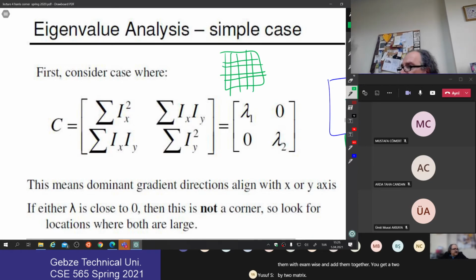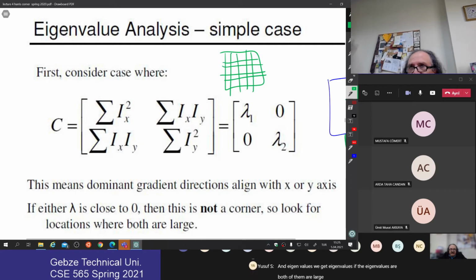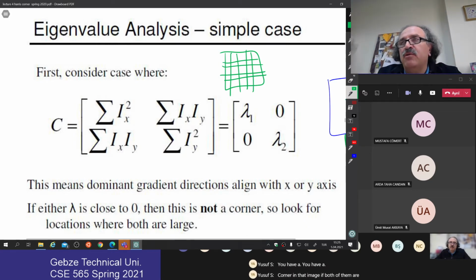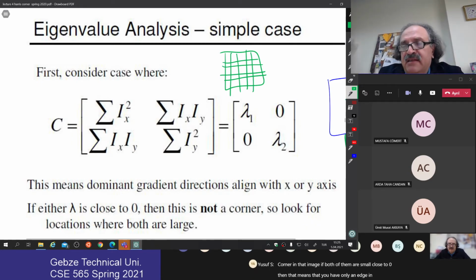And you calculate the eigenvectors of that 2 by 2 matrix, and the eigenvalues, and look at the eigenvalues. If both of them are large, then that means that you have a corner in that image. If only one is large and the other is close to 0, then you have only an edge in that image, and if none of them are large, then it's a flat image.